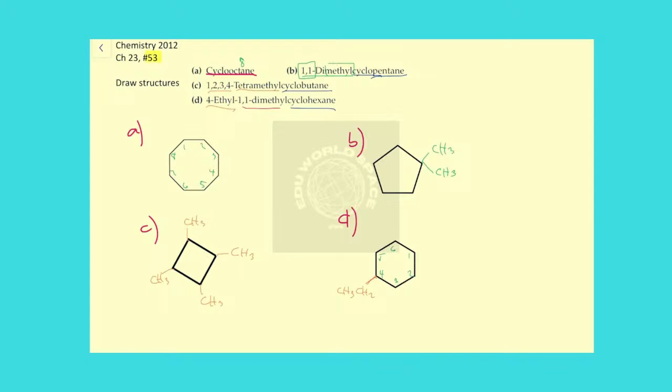Alright, problem 54 is asking us about aromatic compounds, and why it is that when a compound is aromatic, it doesn't necessarily mean that it smells nice. Why is that the case? Well, that's because the term aromatic refers to a class of compounds that is made of a 6-membered ring that has 3 double bonds.